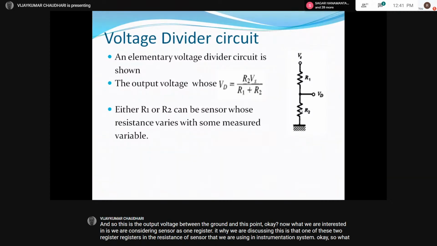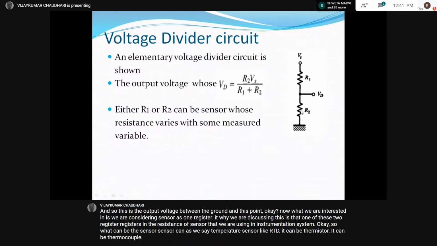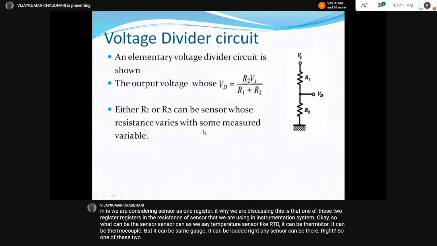The sensor can be a temperature sensor like an RTD, a thermistor, a thermocouple, or a strain gauge, or a load cell. Any sensor can be there. So one of these two, R1 and R2, is the sensor resistance, whose resistance varies with some measured variable. Like in an RTD or thermistor, the resistance varies with temperature. So as the temperature varies, resistance varies.